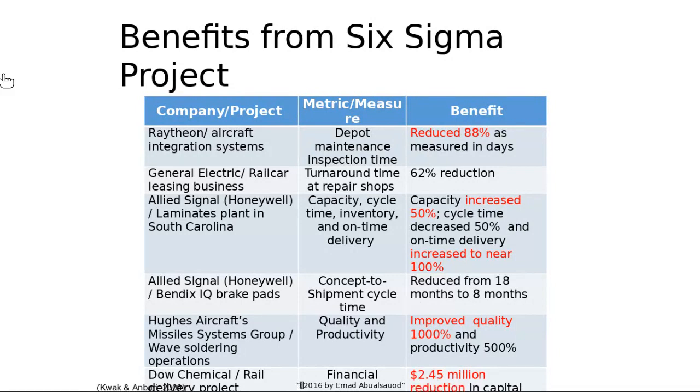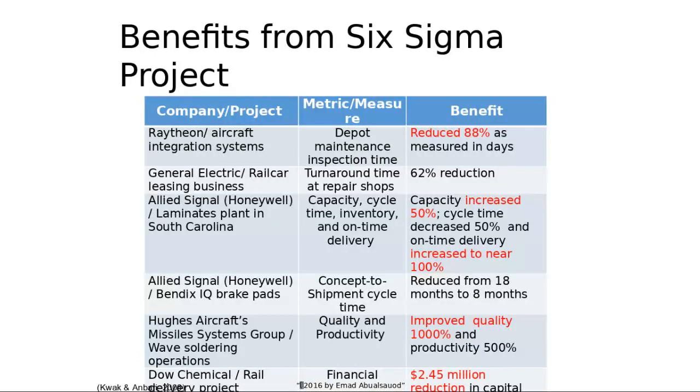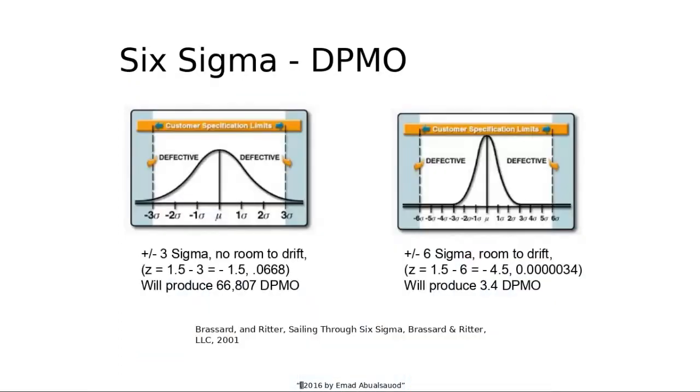In the PowerPoint slide, which will be posted later, you will have a better view. This slide is only for your information, just to understand how Six Sigma projects succeeded in implementation.